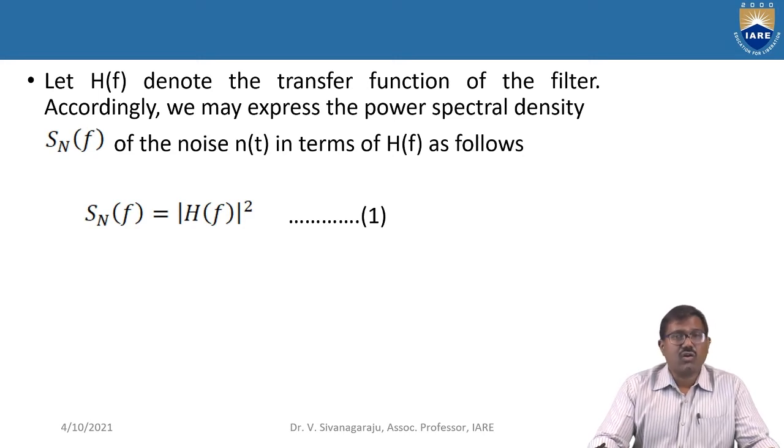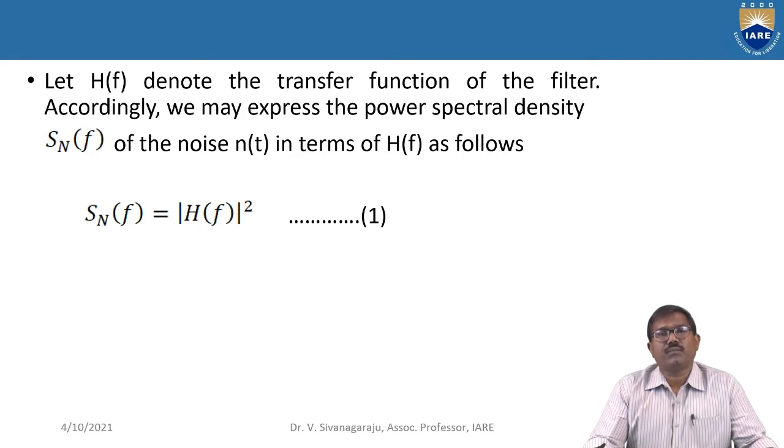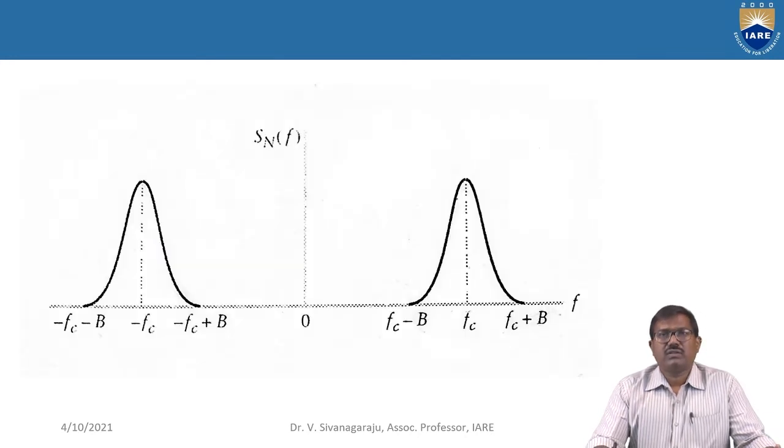That is Sn of f equal to mod square H of f, that is the filter response or the transfer function of the filter. So this is the noise power spectral density of that noise N of t. So this is Sn of f.